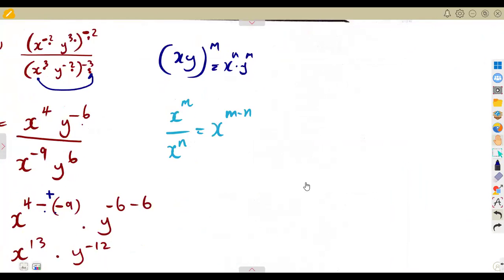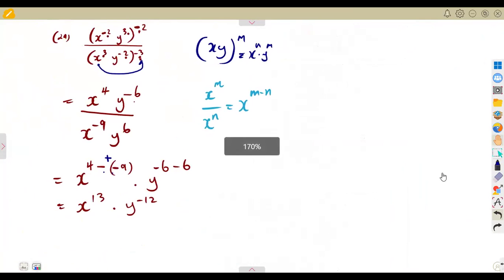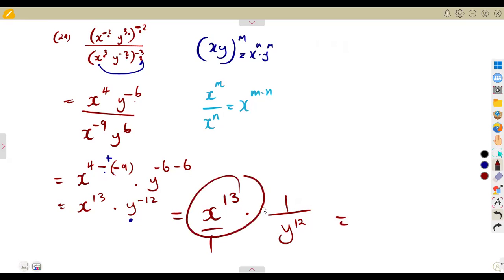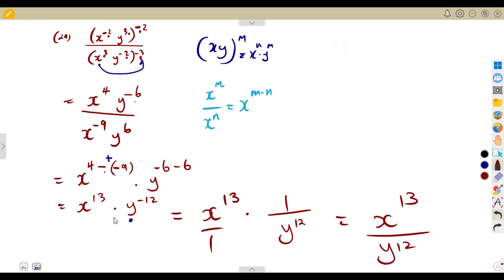So meaning to say, what is raised to a negative exponent is the y, not the x. So it was going to be x to the exponent of 13 times 1 over y to the exponent of 12. So that is it. You're multiplying numerator to numerator, x to the exponent of 13 over y to the exponent of 12.